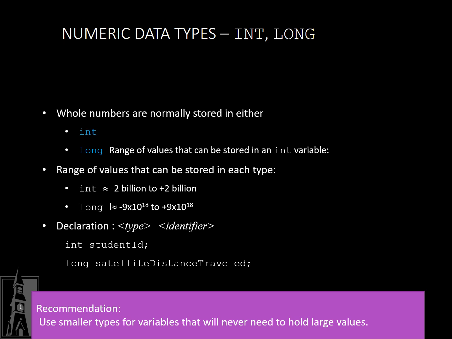You are never going to get a student ID number that is that many digits long. If you do, let me know and you can come back and tell me you told me so. But in that case, you would only need to use an integer.